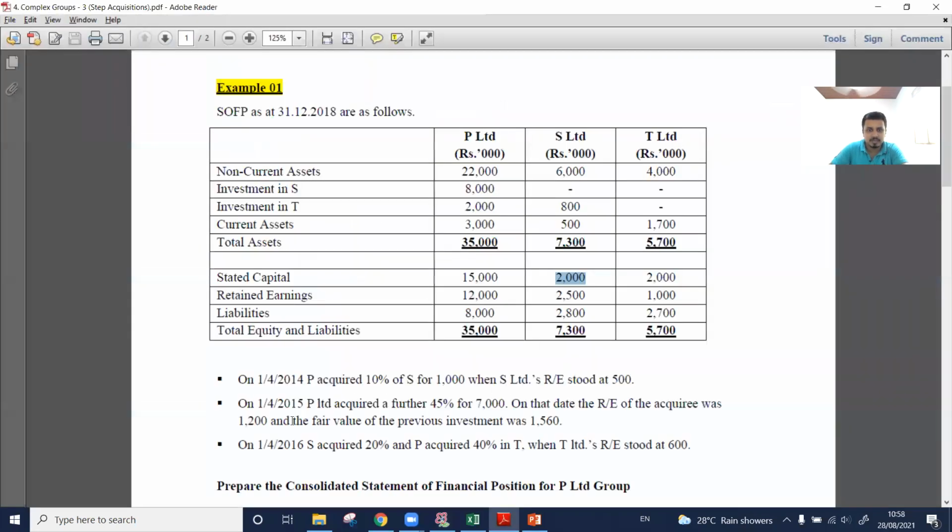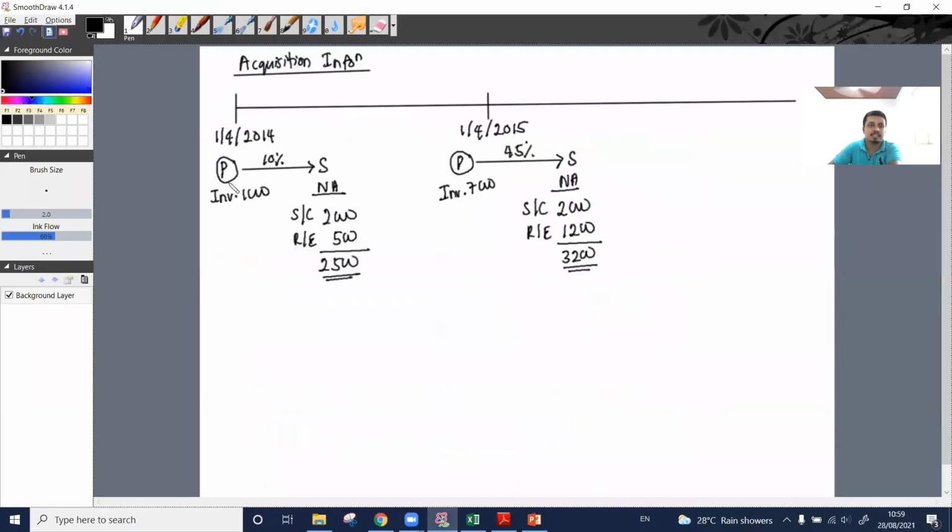What else? And the fair value of the previous investment was 1,560. It means it talks about this. As at this date, investment at cost, it was 1,000. On this date, they have reassessed the fair value of this investment. We called it fair value of previously held equity interest.